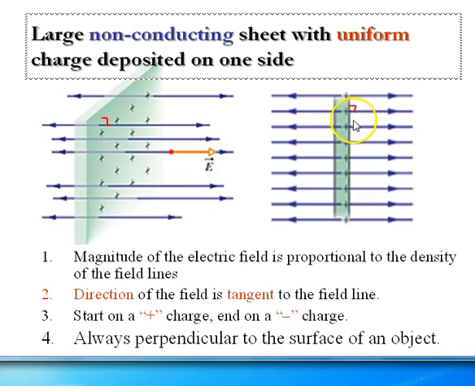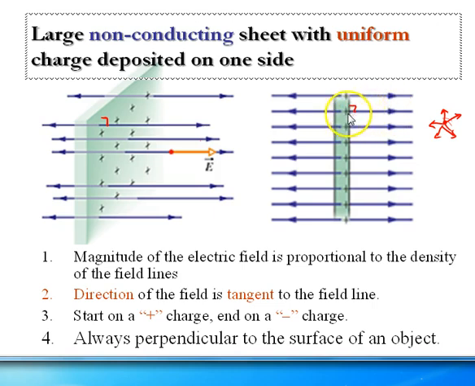What we learned from Coulomb's law for a point charge is that we have a radial distribution of electric field lines. So if we look at these as continuous field lines or point charges, why do we end up with something that's perpendicular to the surface?